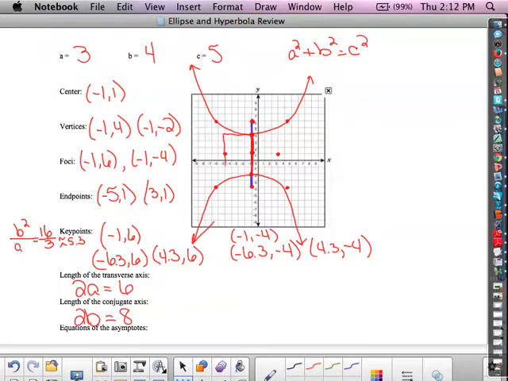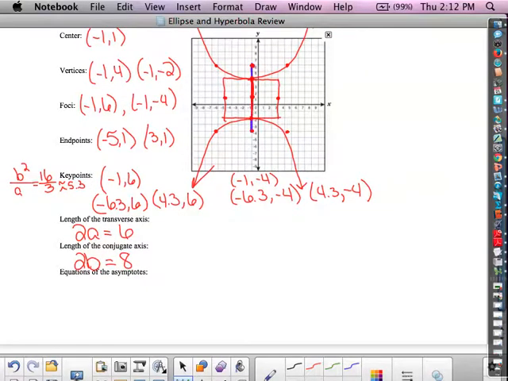And again, the equation of the asymptotes should pass through the corners of this rectangle and through the center. Again, look at the rise over the run. So the rise is 3. The run is 4. So this should help you with the equations of those asymptotes.